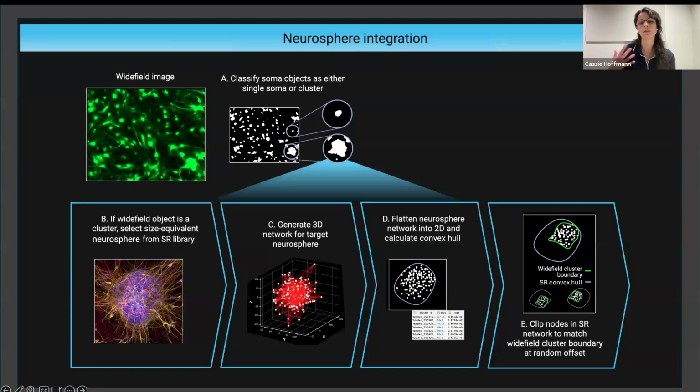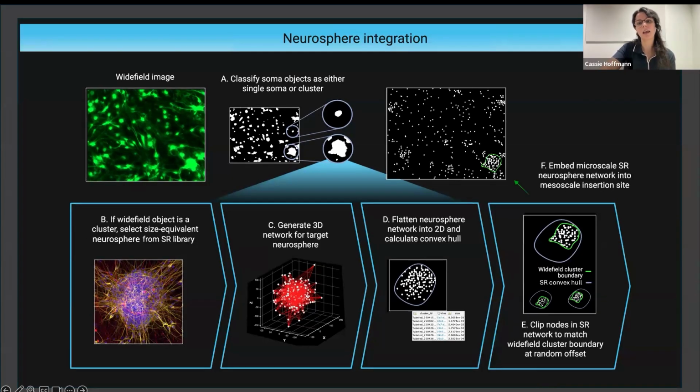So that was to include some of that biologically realistic variability that I was talking about before. I've just got 3 iterations of that here. And then the idea was to clip the nodes that fell outside of this cluster site to get a network that exactly matched its size. And then it was embedded into the mesoscale network to generate this overall hierarchical network.